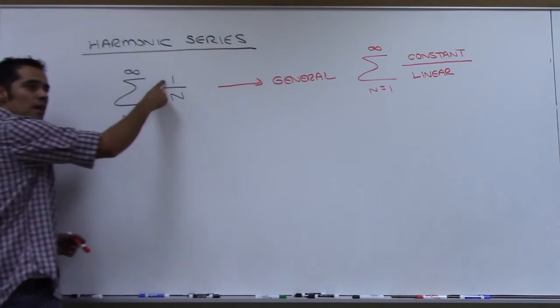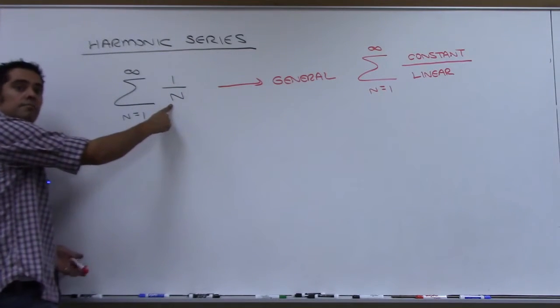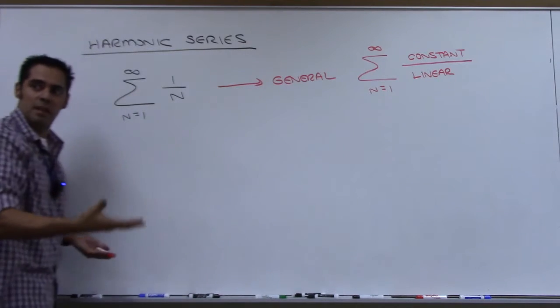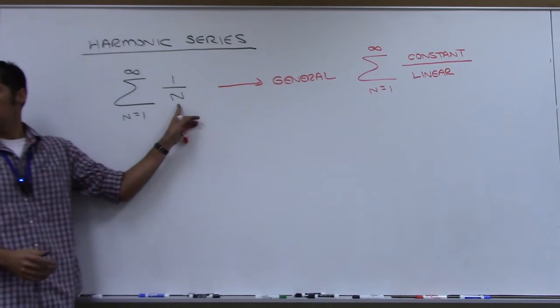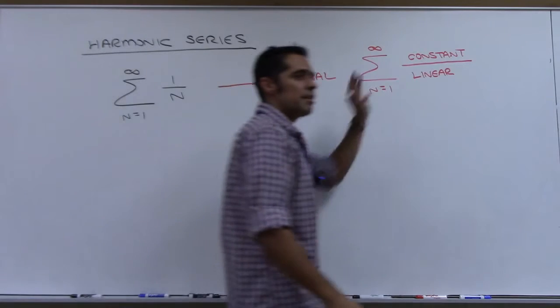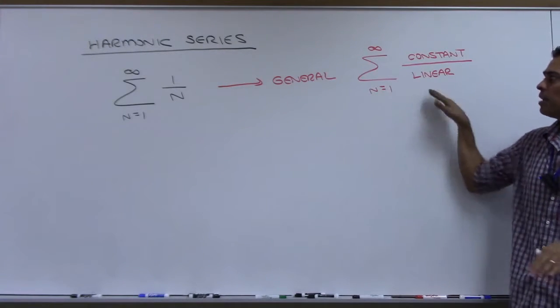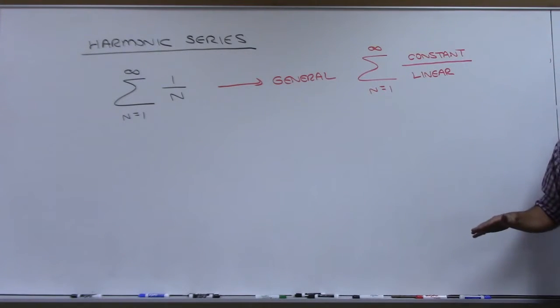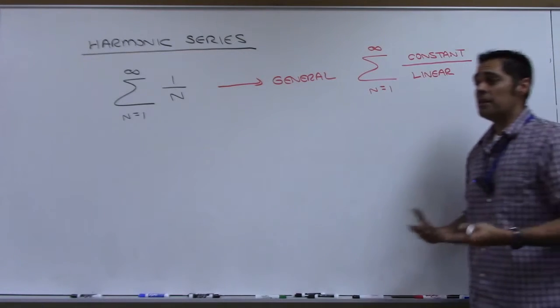We have a constant on top. n by itself is n to the first power. That's linear, isn't it? It's not n squared. So if we ever see a constant, a number on top of a linear expression in n, we have got a harmonic series. And all harmonic series diverge.